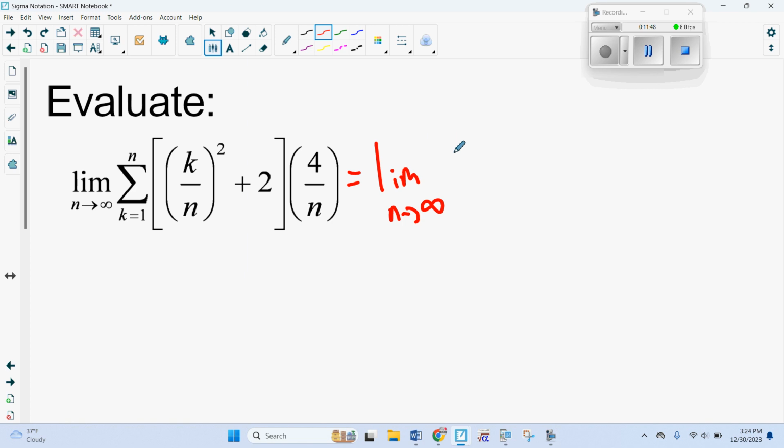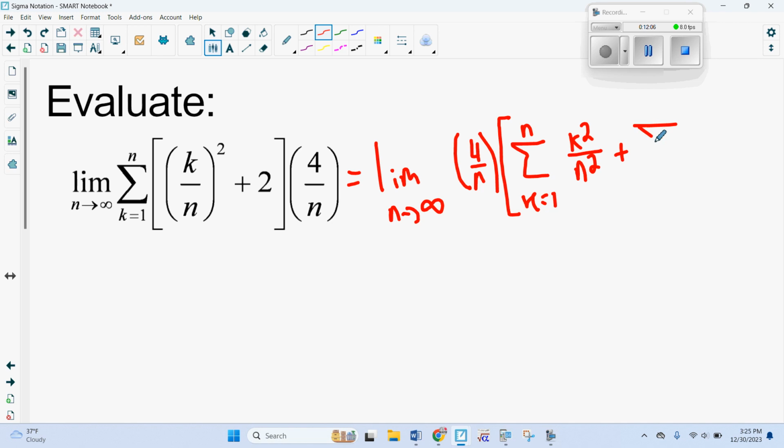So first, the 4 over n can be pulled out in front. Then our sigma can be split. So if I split this into 2, I have my first sigma is k squared over n squared plus sigma k equals 1 to n of 2. Now I'm going to do a couple things.